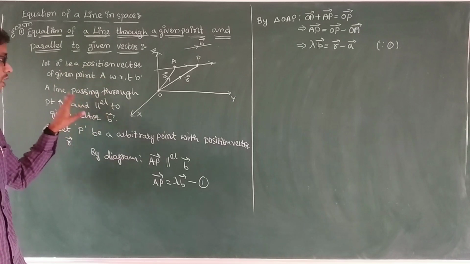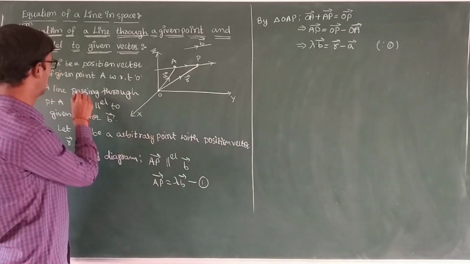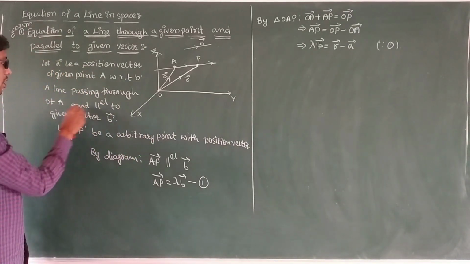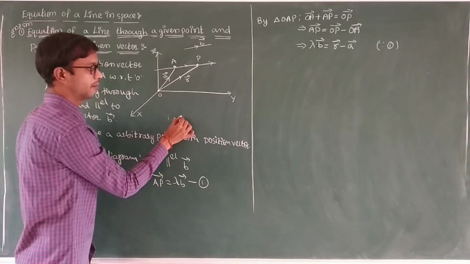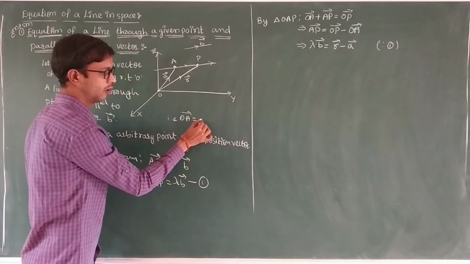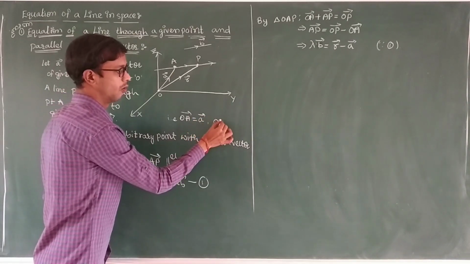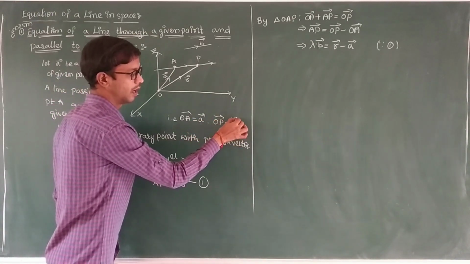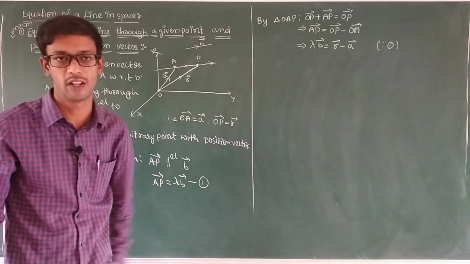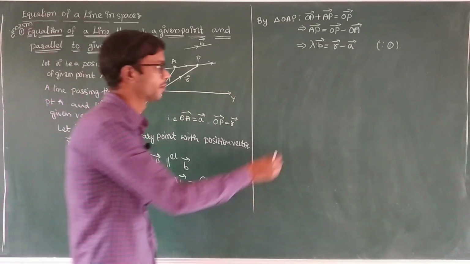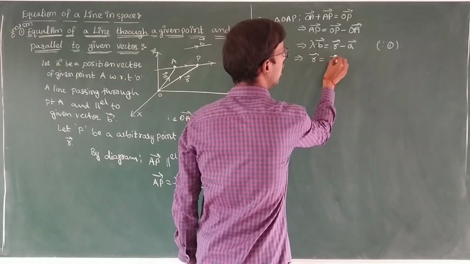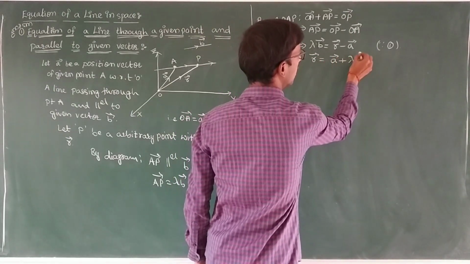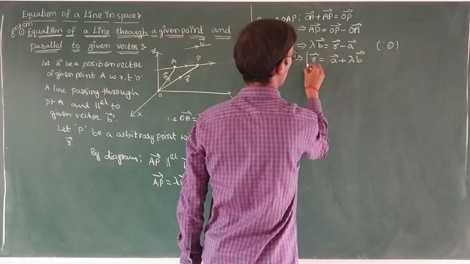Here you can write the position vector of the line passing through: OA bar is equal to A bar, OP bar is equal to r bar. We can just substitute there. Next step, r bar is equal to A bar plus lambda B bar.